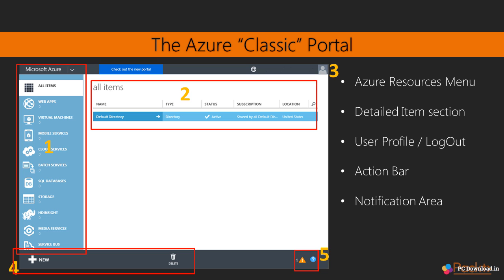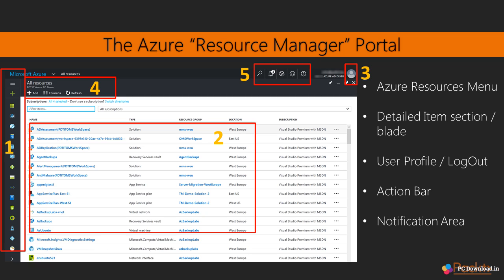On the right hand corner, this is called the notification area. So depending on the activities you're going through, it will give you real-time feedback using the notification area, showing you alerts, warnings, or even just giving you an overview of the data that's being processed, like for example when you're deploying a virtual machine.